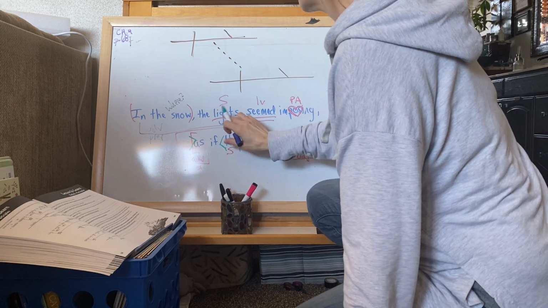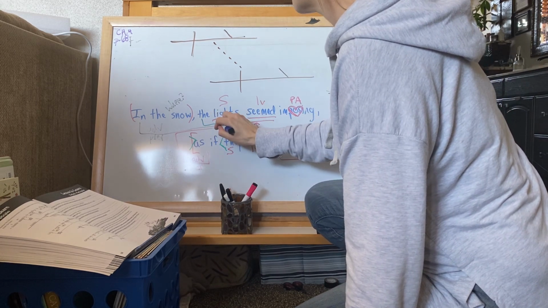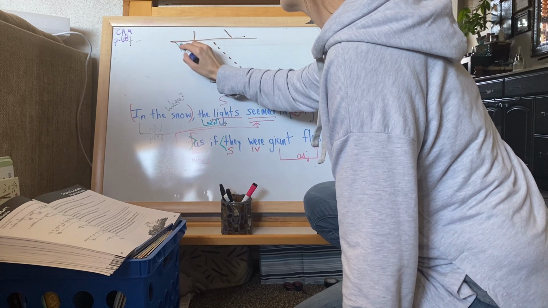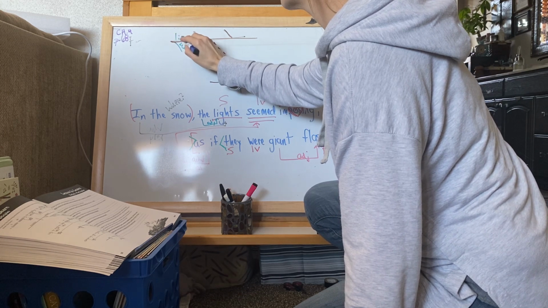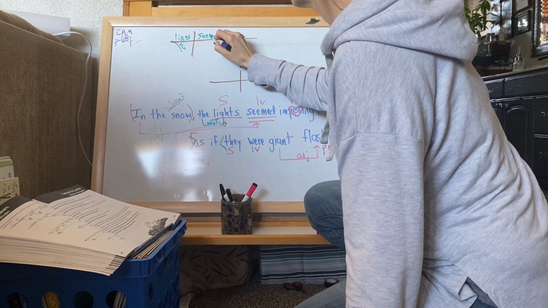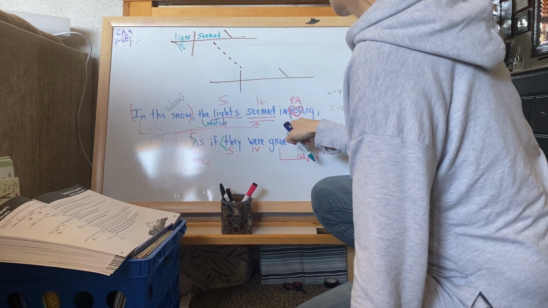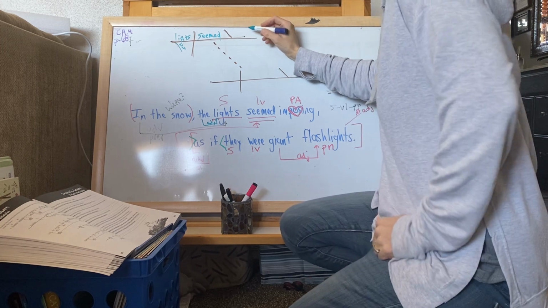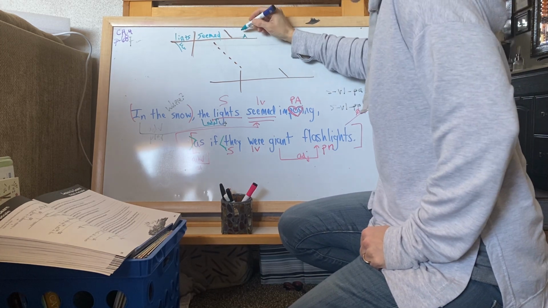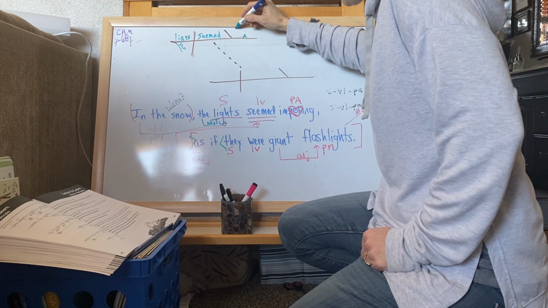So we have, oh, and we forgot this one. So we have the lights seemed imposing. Oh, so remember, I'm going to draw it over here, but we're going to have to put it up on a pedestal, remember?